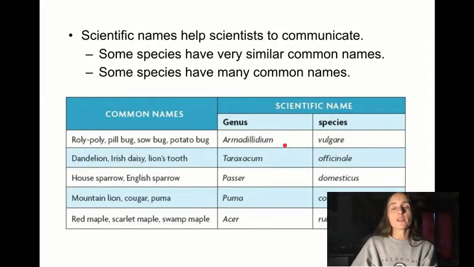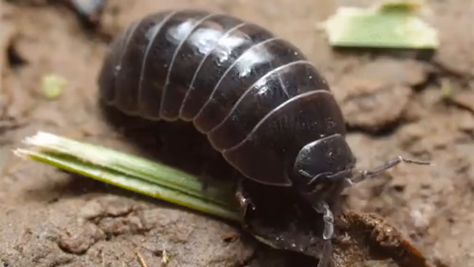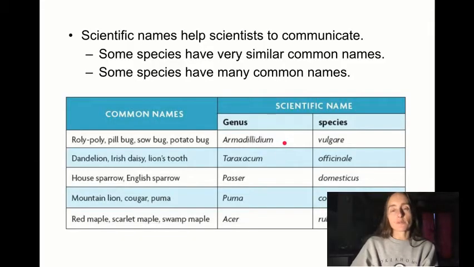Okay, so why do we even use scientific names instead of common names? Because some of them are really hard, like Armadillidium vulgare, which is a roly-poly or a pill bug or a sow bug or a potato bug. See all those common names? It would get to where scientists couldn't share data very easily because they would not know what organism they were talking about, since they have different names for them.